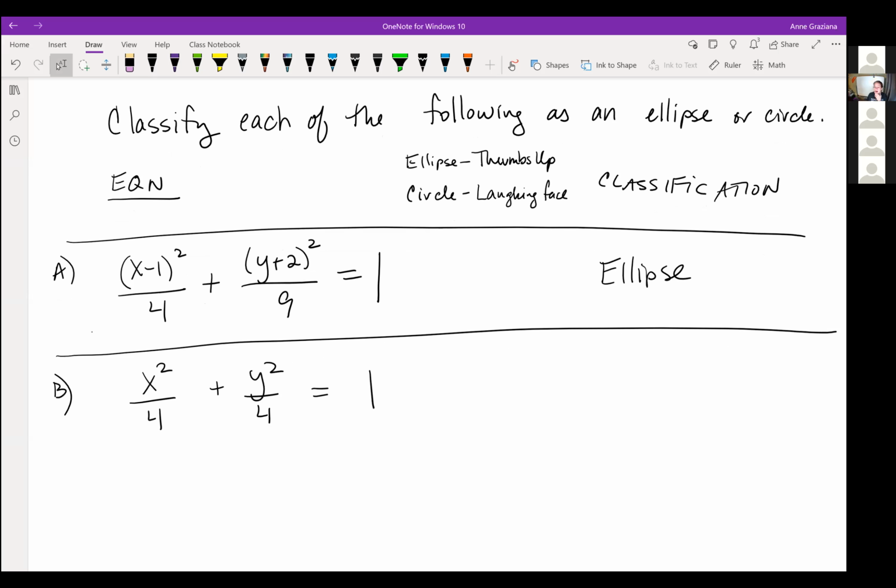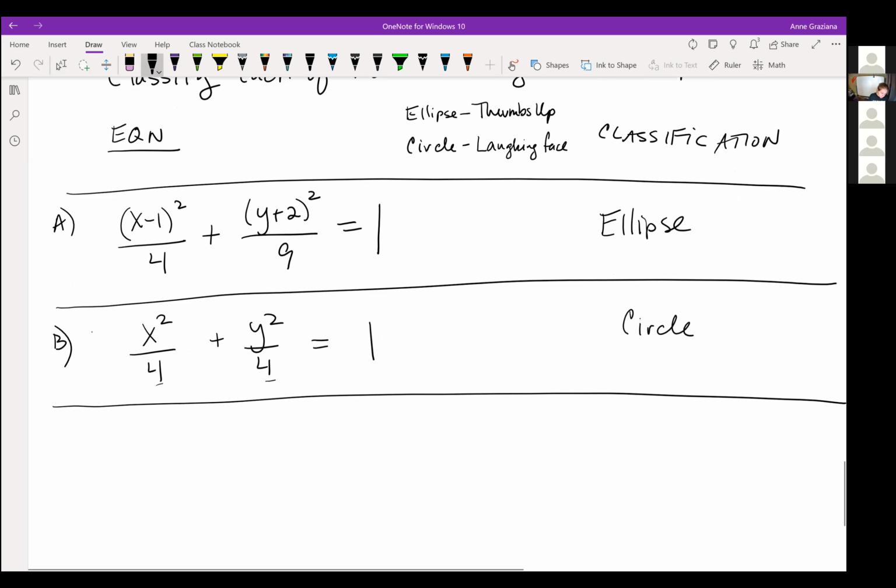All right. Okay. Better. Okay, good. So yes, this is definitely a circle because the A and the B are the same. They're the same in the denominator. All right, here we go.